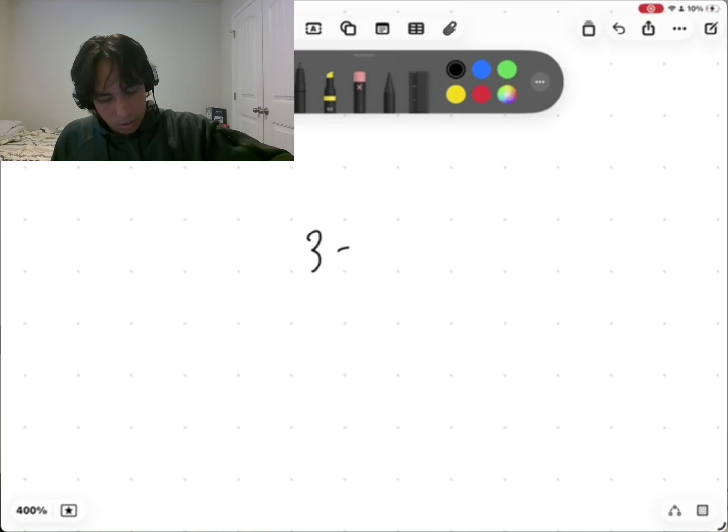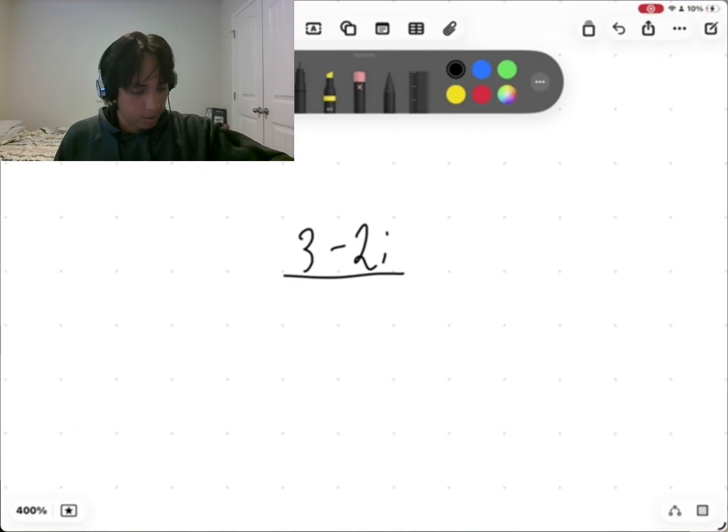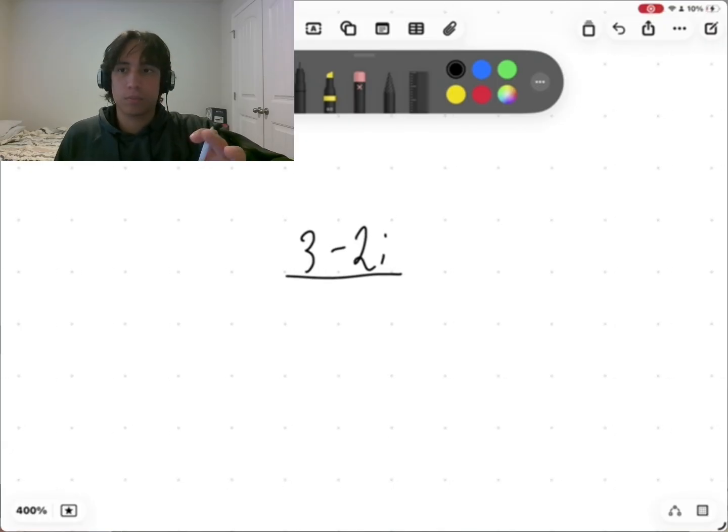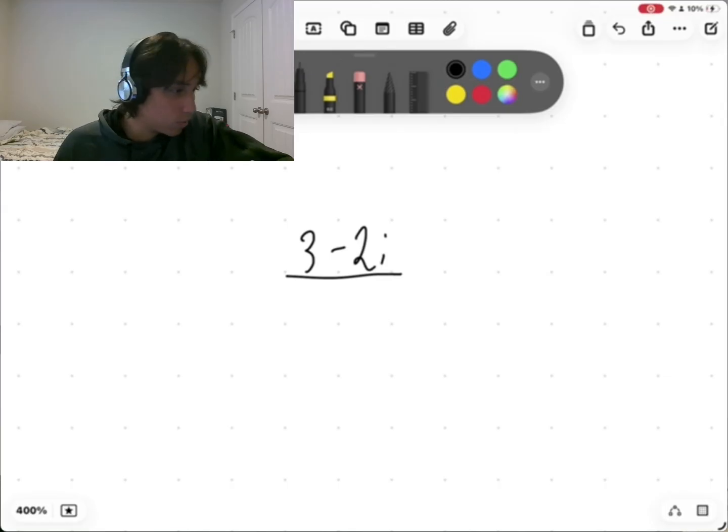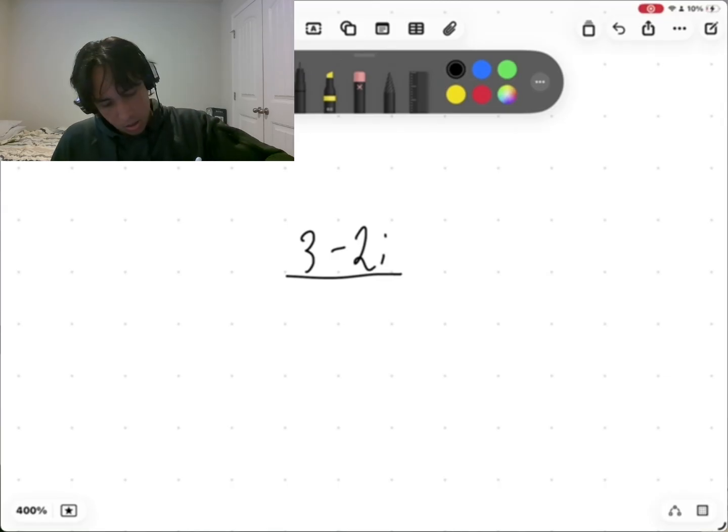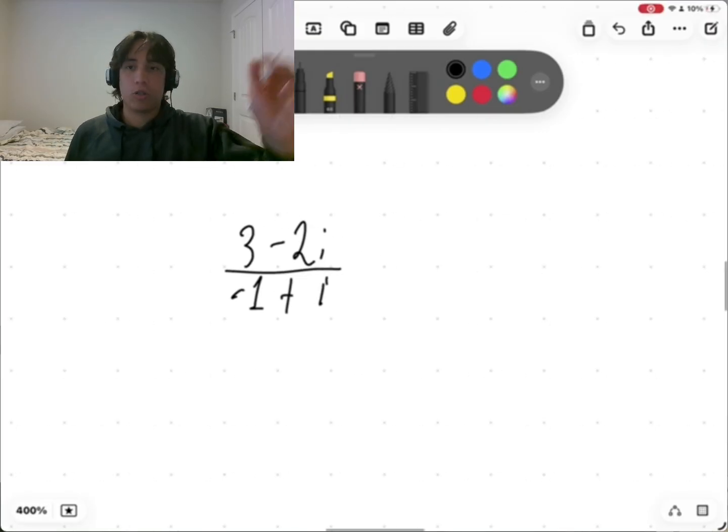And here there are two very drastically different ways of doing it, whether you treat the complex numbers as polynomials or as vectors, right? First we're going to treat them as polynomials for this one. Negative 1 plus i, right? We're going to treat them as polynomials.